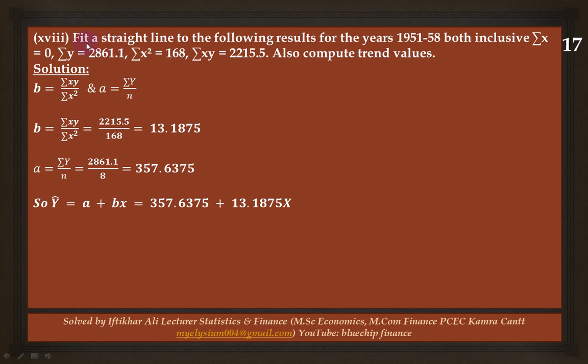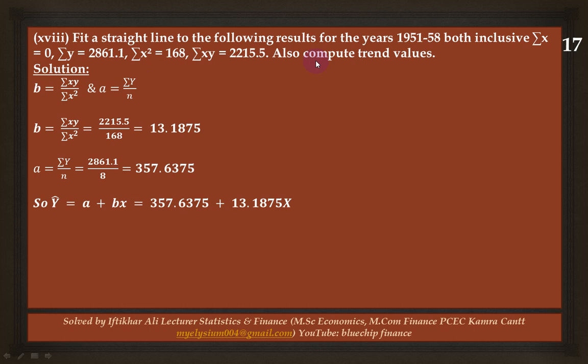Question number 18. Fit a straight line to the following results for the years 1951 to 58, both inclusive. Sum of x equals 0, sum of y 2861.1, sum of x square 168, sum of xy 2215.5. Also compute trend values.